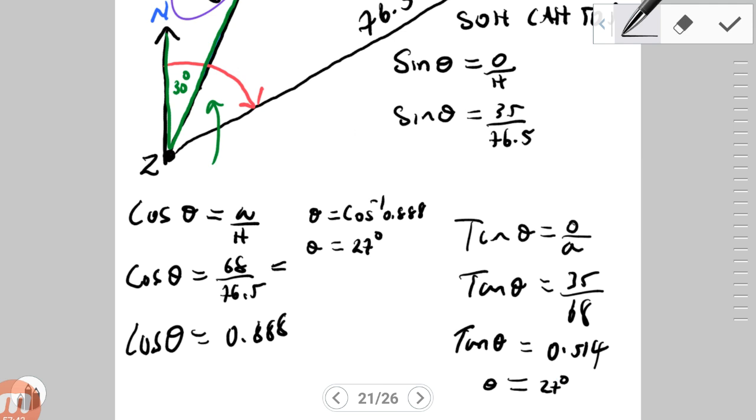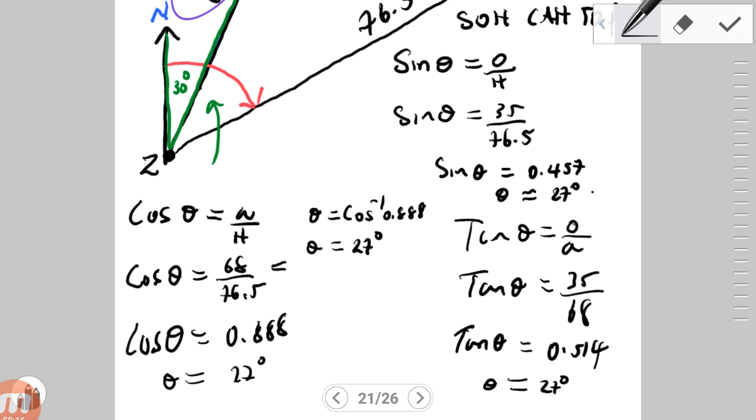And quickly, 35 divided by 76.5: the sine of the angle is equal to 0.457. So if we press shift sine 0.457, once again you find that the angle is approximately 27 degrees. All right, so theta is equal to 27 degrees.